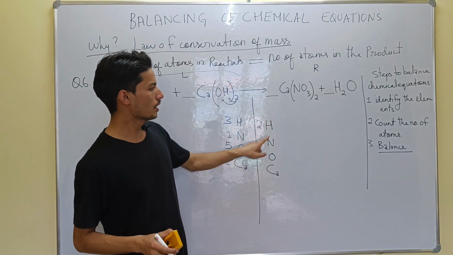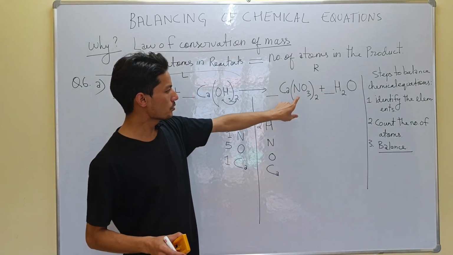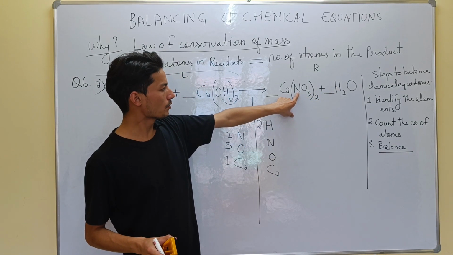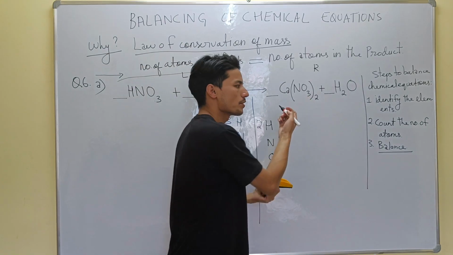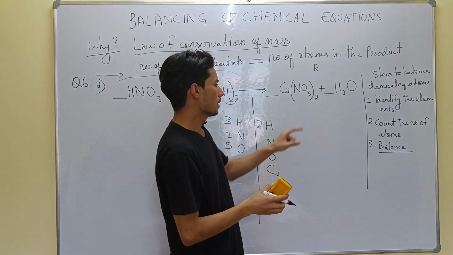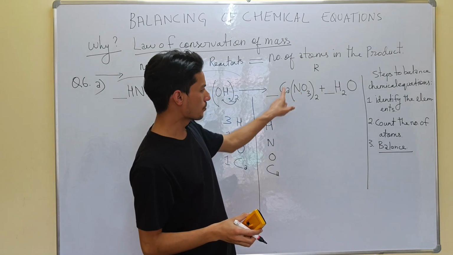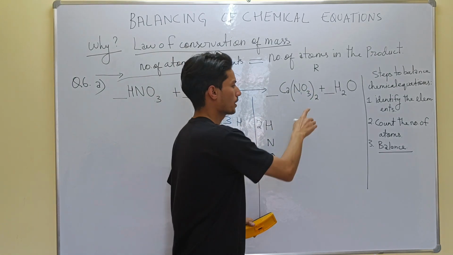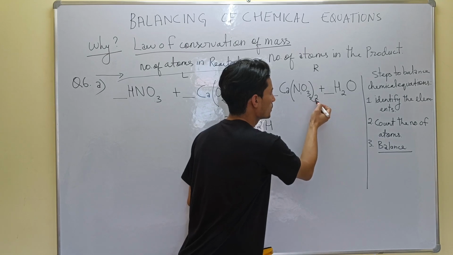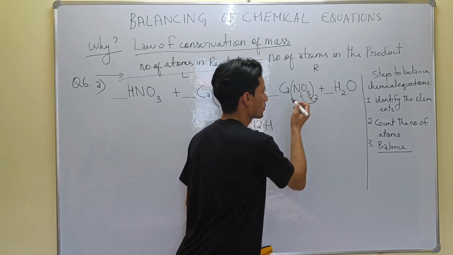Next we have nitrogen. How many nitrogen do we see here? Do you see this nitrogen? Yes. Below the nitrogen there is no number, so it's assumed to be 1. Both nitrogen and oxygen are bound by a bracket, and outside the bracket you have this 2. This 2 belongs to both oxygen as well as nitrogen.